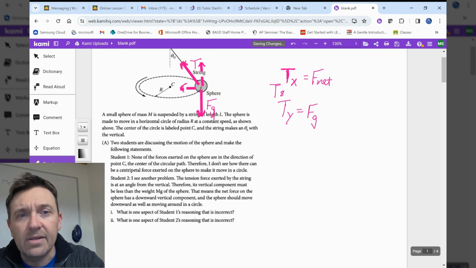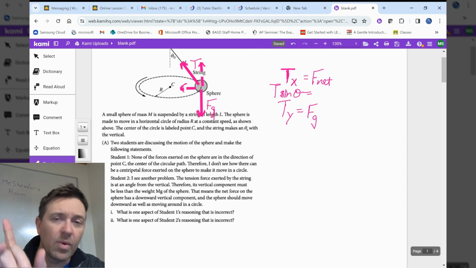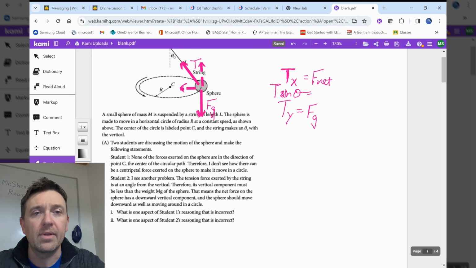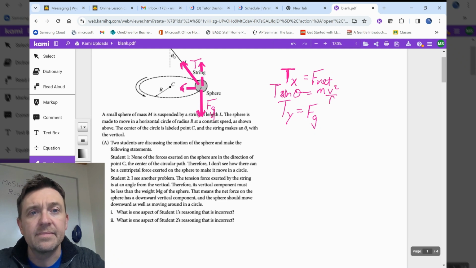See how the x component is on the opposite side of the angle that's provided? And that's got to be equal to your net force, which is mass times acceleration. But hold on, it's a centripetal acceleration. So that means that F net is mv squared over r.